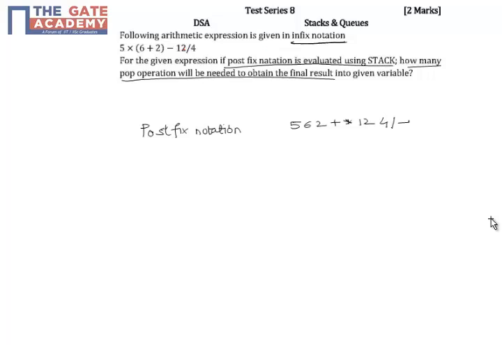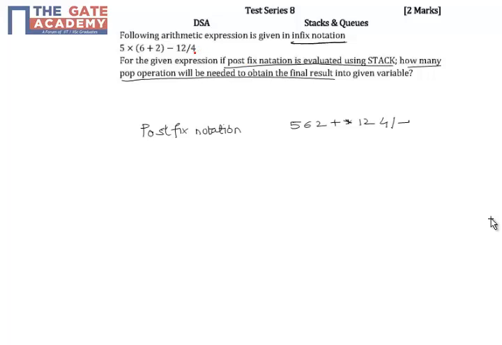The next symbol is 12, which is again an operand, so we append it to the output. Later we encounter the division operator, so we push it into the stack.